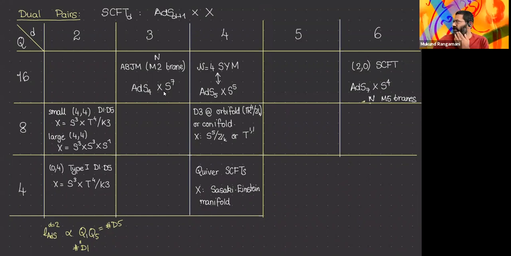Maybe the better way to say it is this. When I wrote down the solution for the D3 brane, I only wrote down the metric on the five-form. The dilaton of type 2B was constant in the solution. That's not true for the other branes, the type 2A branes.